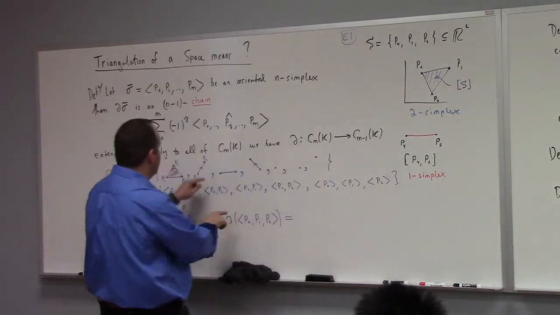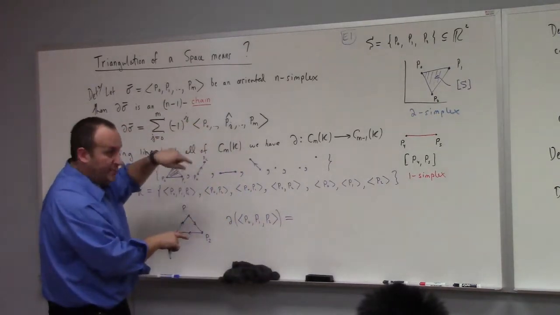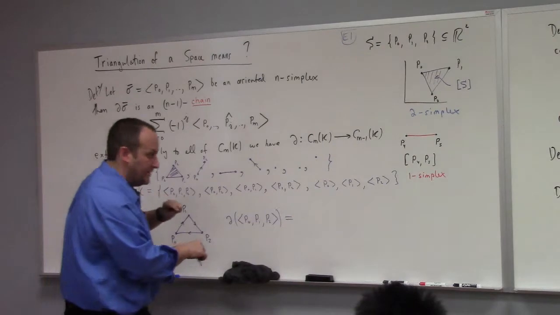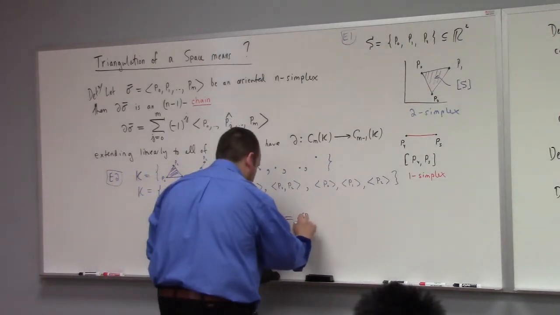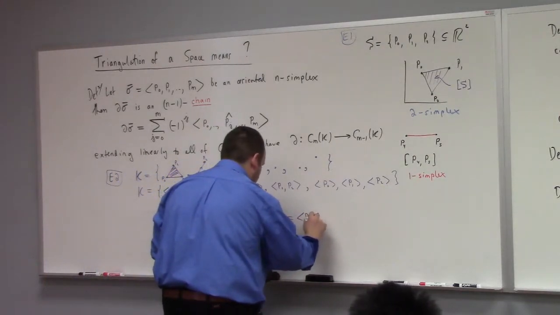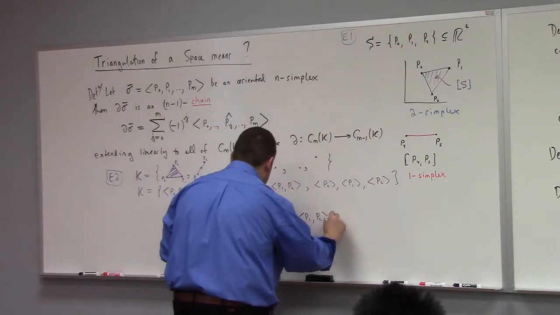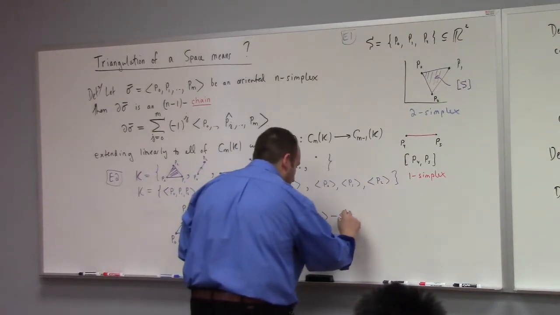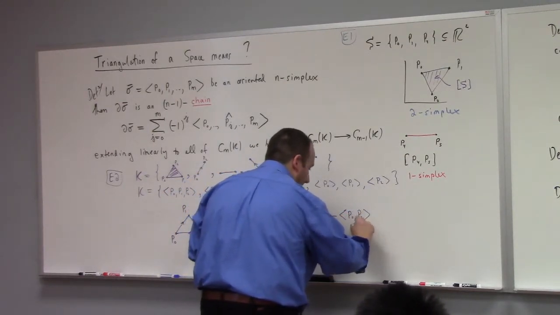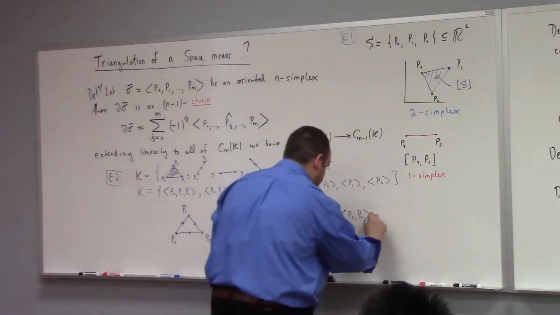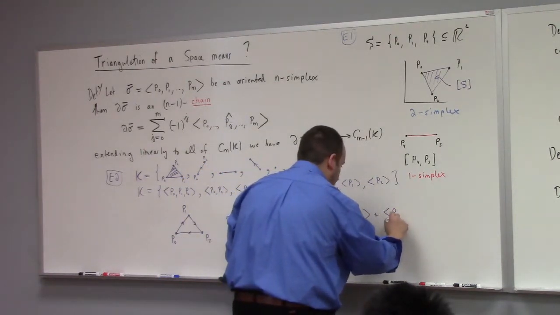So the way this works, I delete the 0th one. I put -1 to the 0, which is 1. So that leaves me P1, comma P2, right? And then I do minus P0, P2, and then plus P0, P1.